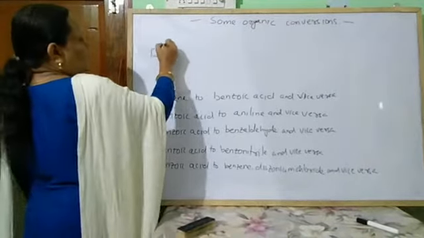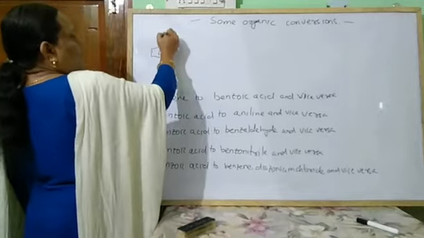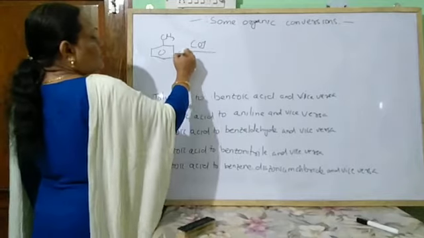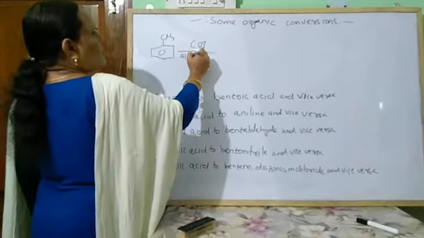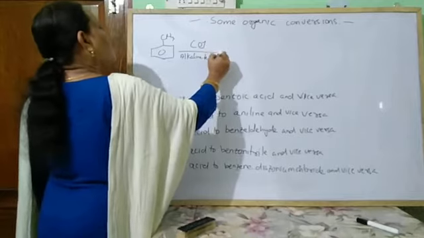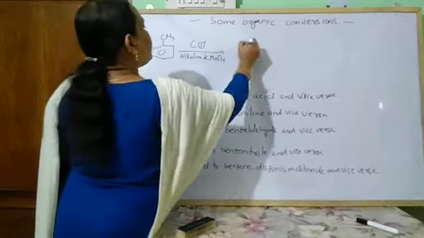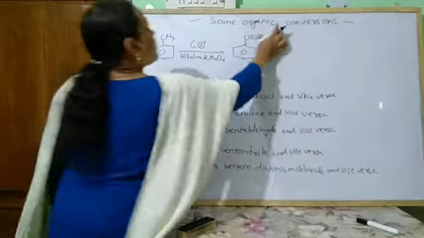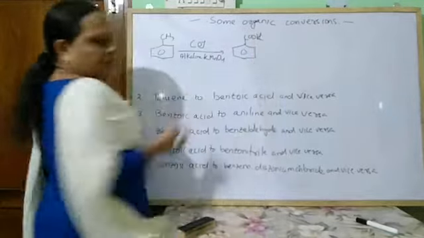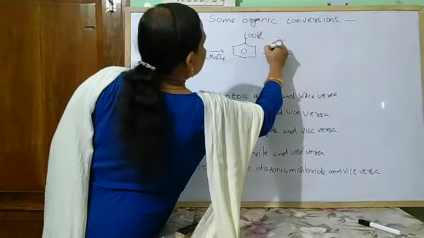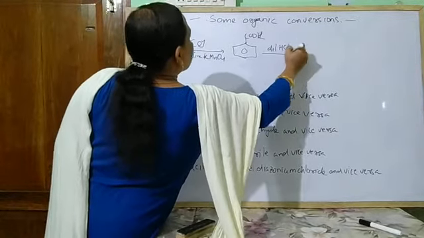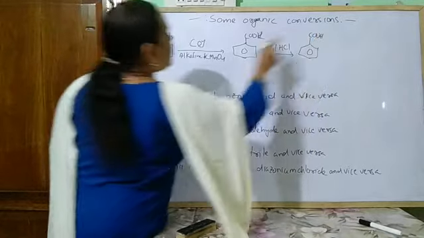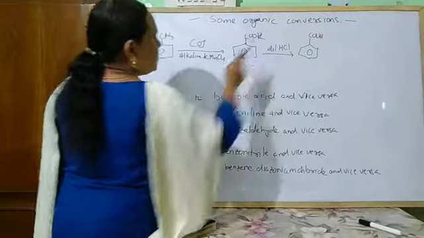Toluene, when it undergoes oxidation in presence of alkaline potassium permanganate, first forms the potassium salt of benzoic acid, potassium benzoate, which on treatment with dilute hydrochloric acid forms benzoic acid. This can also be written in one step.